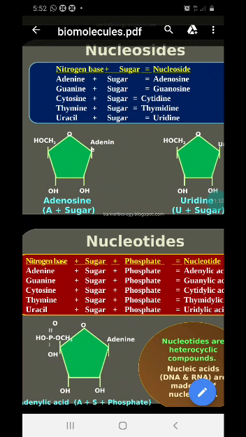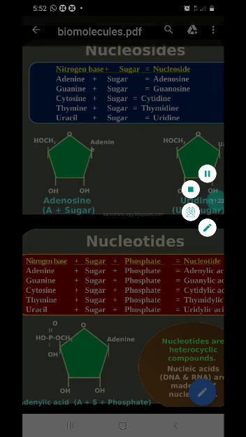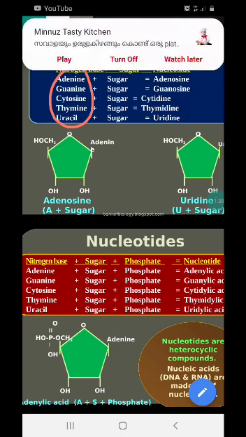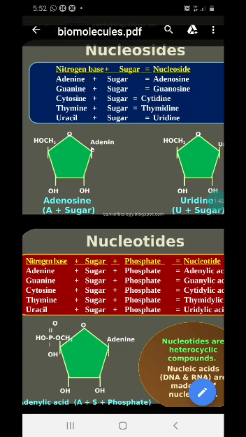Adenine plus sugar gives adenosine, guanine plus sugar gives guanosine, cytidine, thymidine, uridine. These are from the nitrogenous bases, children. Then adenine plus sugar plus phosphate gives adenylic acid, guanylic acid, cytidylic acid, thymidylic acid, uridylic acid, like that. So understood?